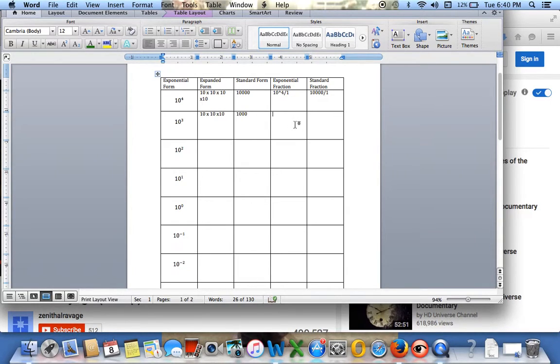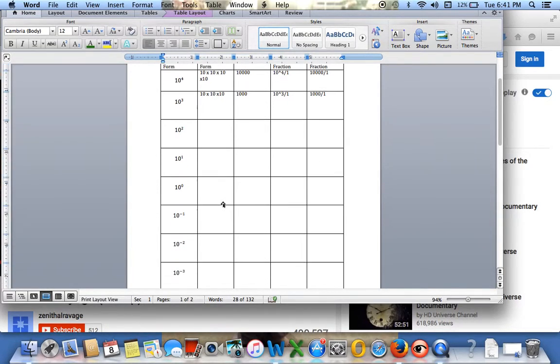To fill in the exponential fraction, it's going to be 10 raised to the 3rd power over 1. And in standard form, the fraction is 1,000 over 1. Okay? So you can fill in the rest of these right here: 10 to the 2nd, 10 to the 1st, 10 to the 0 power, and make some discoveries of what's happening as you fill those in.